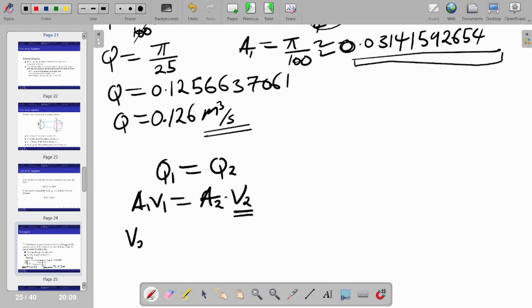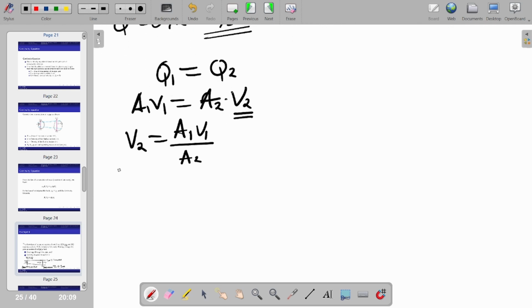So V2 can be found by dividing this over this. But if you want, you know that this is just the discharge at 1, so V2 will be given by the discharge at 1 over the area at section 2.